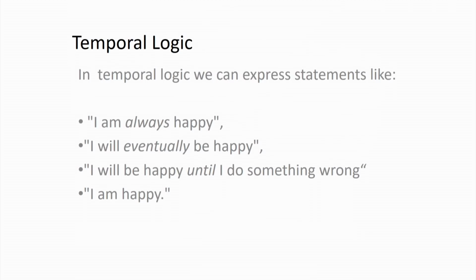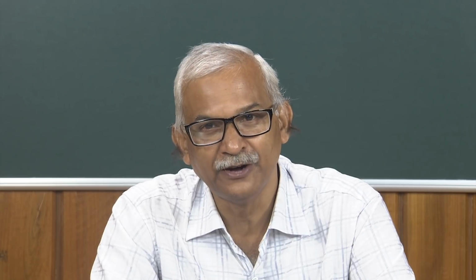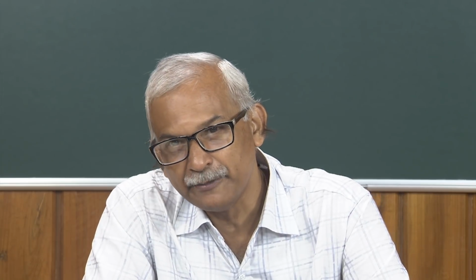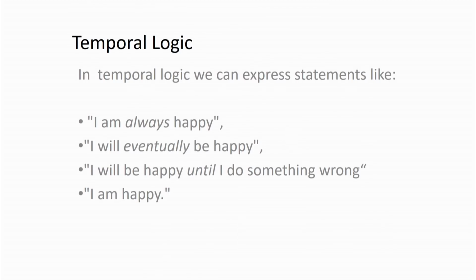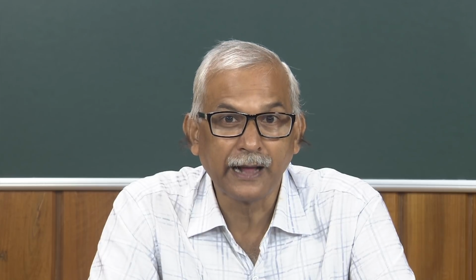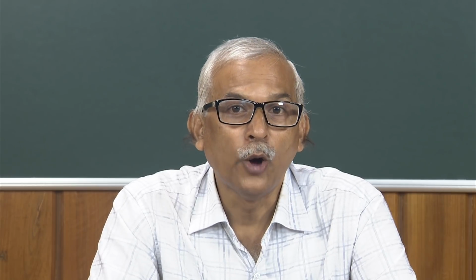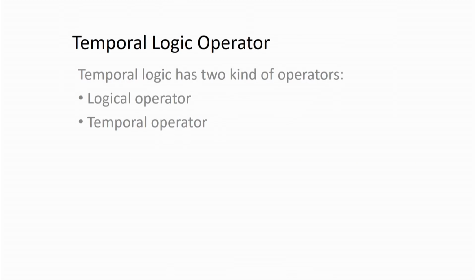Another one: I will be happy until I do something wrong. Today I am happy and I will remain happy till I do something wrong, because if I do something wrong, then I may go to depression or feel unhappy. This is the current status. Okay. So, these are the things where we are capturing the timing behavior of our life line. Such type of timing can be captured with the help of temporal logic.